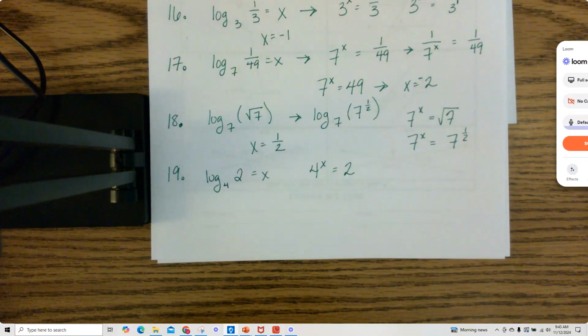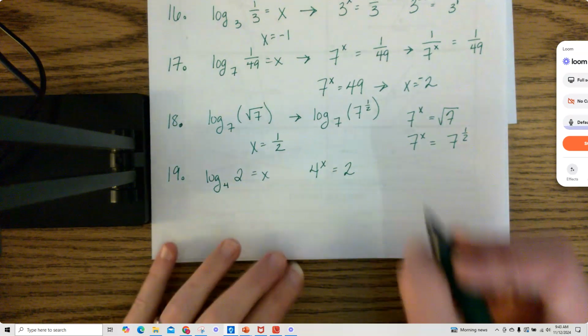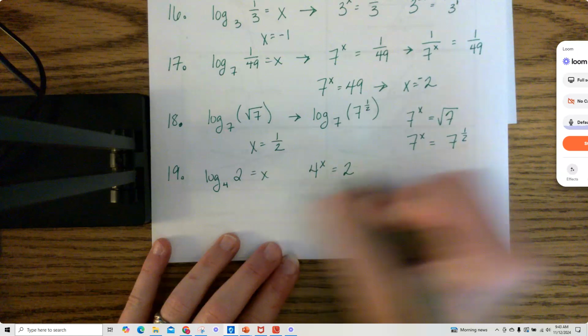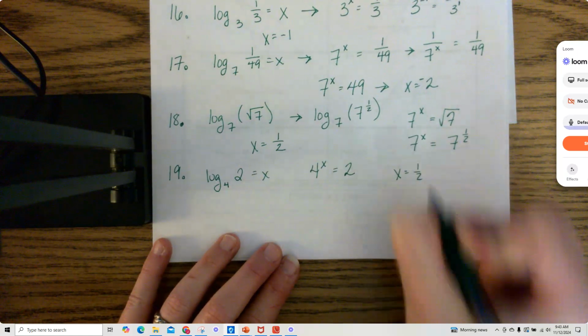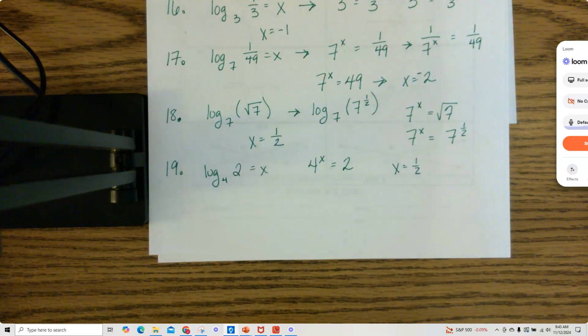The square root. Is it a half? Yes. So x would equal a half there too. If it's smaller, without turning it to a fraction, it has to be a fraction.